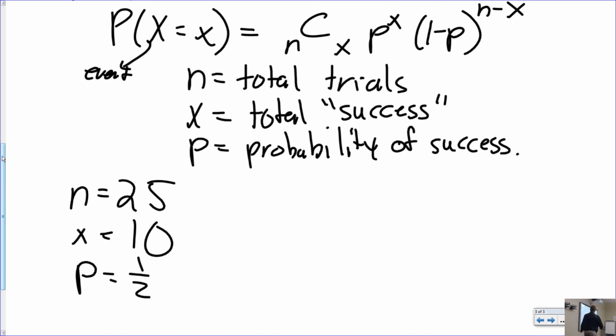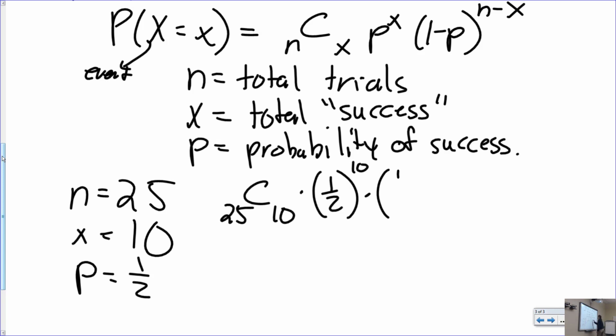Okay? So basically, you calculate the combination of 25 things taken 10 at a time, and multiply by 1/2 raised to the 10th power, and then times (1 minus 1/2) raised to the 25 minus 10th power. And what is 1 minus 1/2, folks?